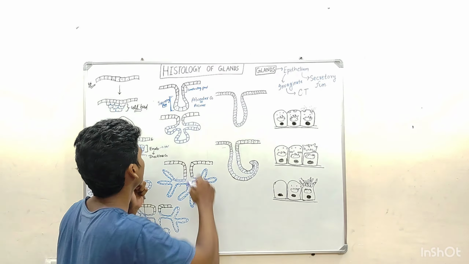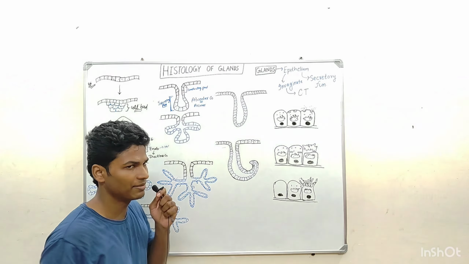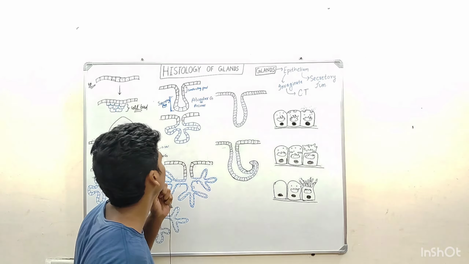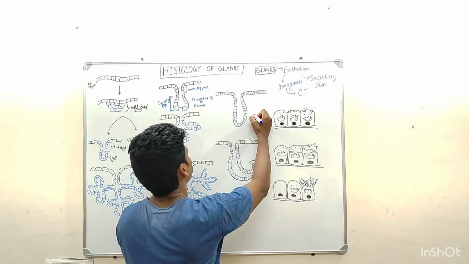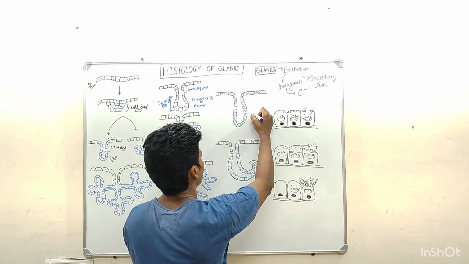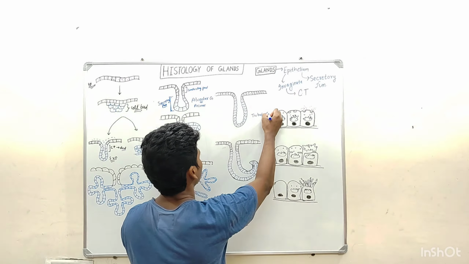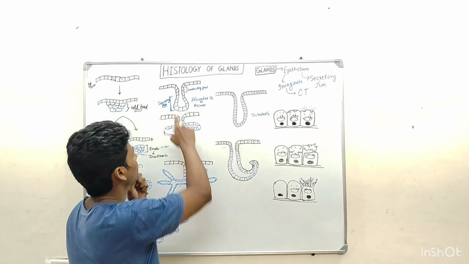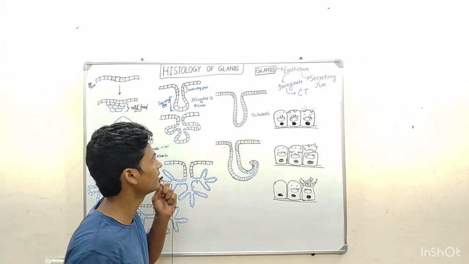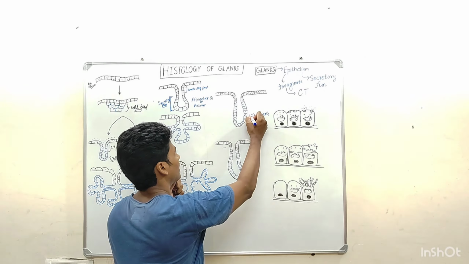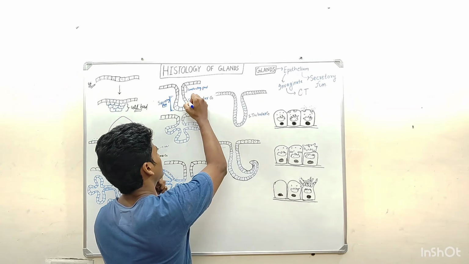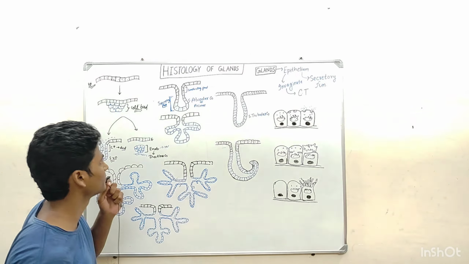But if the secretory part's shape is like a tube, then that gland is called a tubular gland. Since it has only one duct, that's why it is called a simple tubular gland, and it is also called a simple alveolar gland.